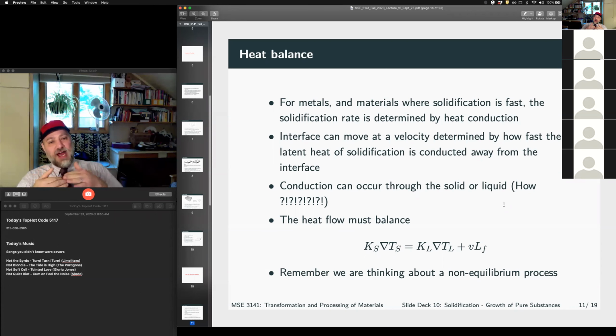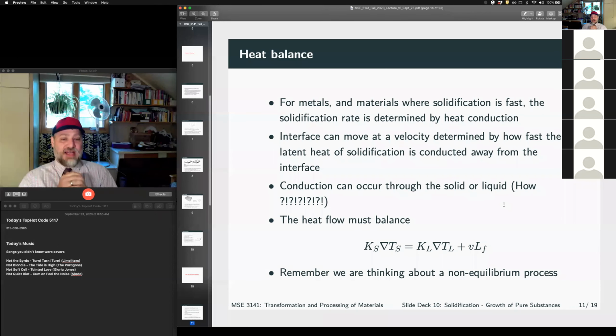So now our interface is growing into a superheated liquid, which means our solid is cooler than our liquid, so the direction of heat flow is going to be through the solid.